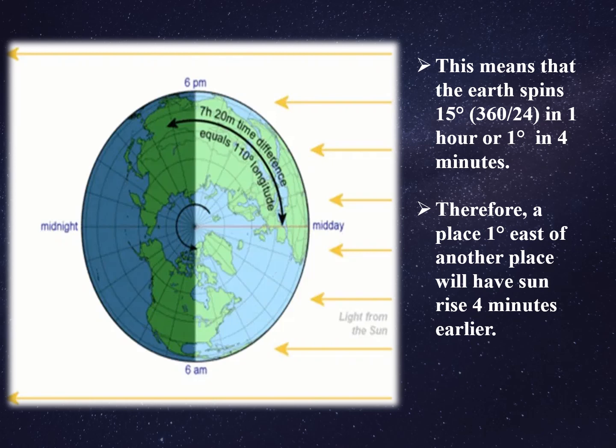Children, all of you look at the slide here. All the places to the east of a particular meridian will have sunrise earlier and all the places in the west will have it later. I want to tell you one important point. Geographers have divided the entire globe into 24 time zones, each spanning 15 degrees.